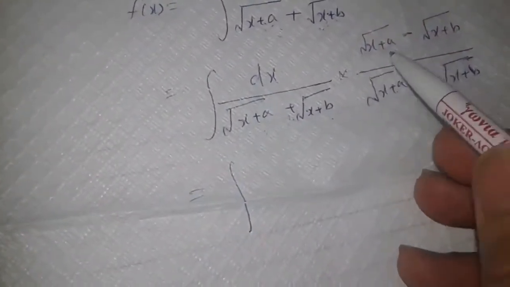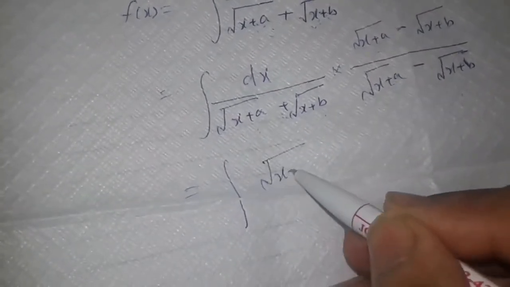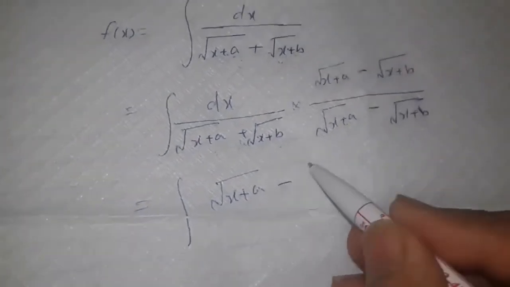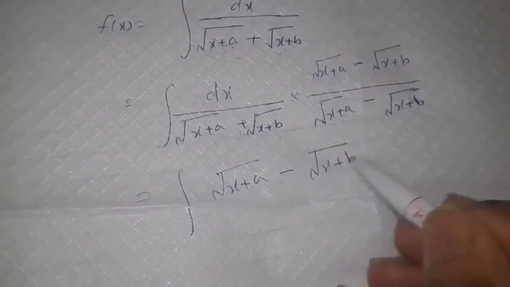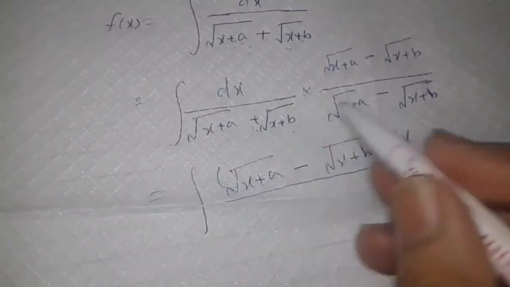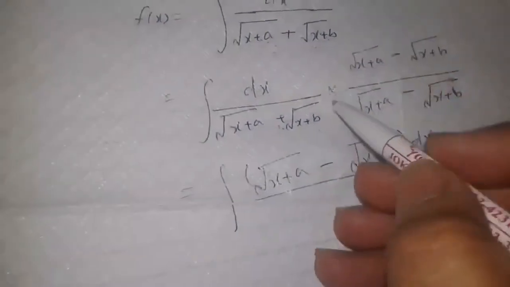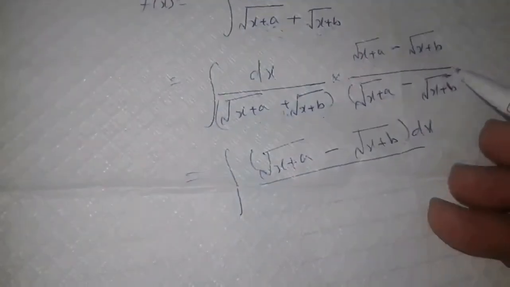So here, when we multiply it with this term, it will become under root x plus a minus under root x plus b all divided by, into dx, this one. And when we multiply the denominators, we get the squares.